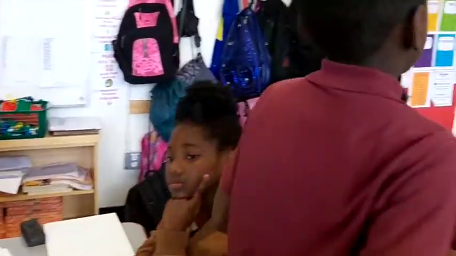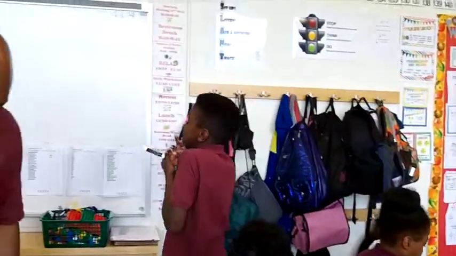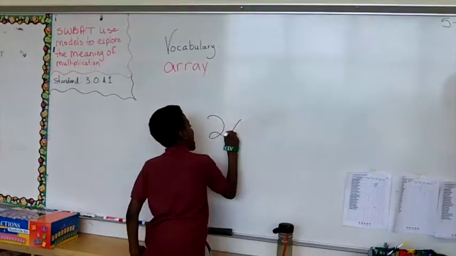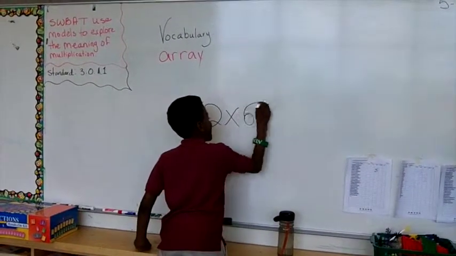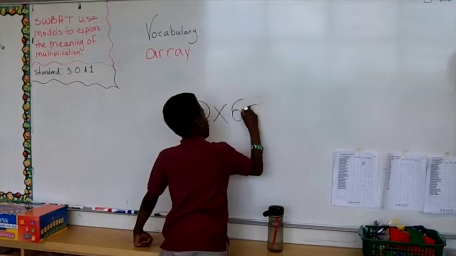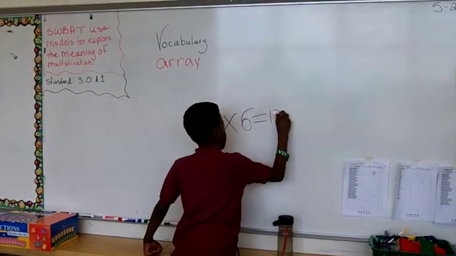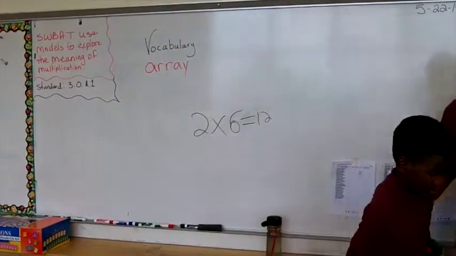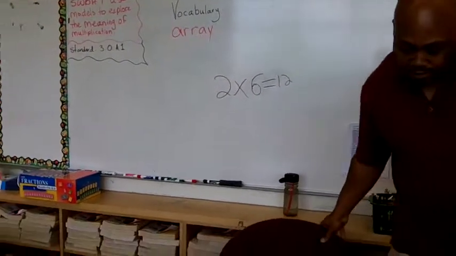Can you go to the board, Quincy, and write that multiplication sentence up there for us? Okay, Quincy, what was the product? Good job, Quincy. You told us that 2 times 6 equals 12. Is he correct? Yes, he is correct.